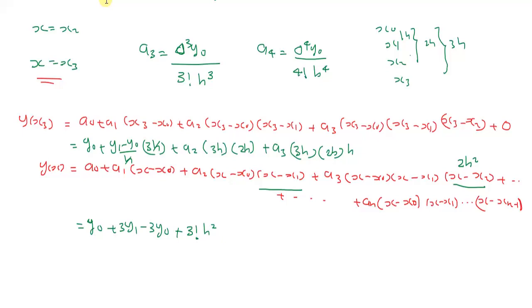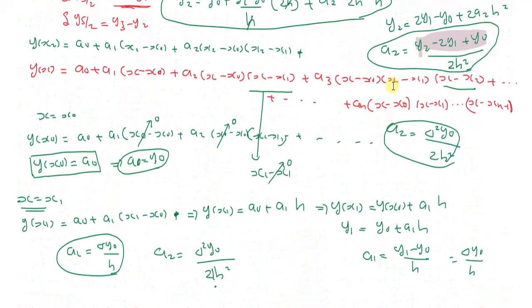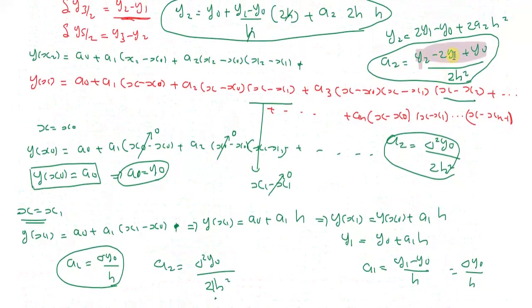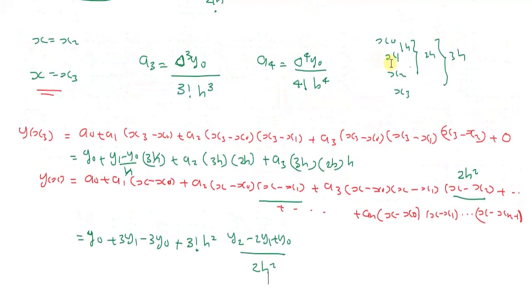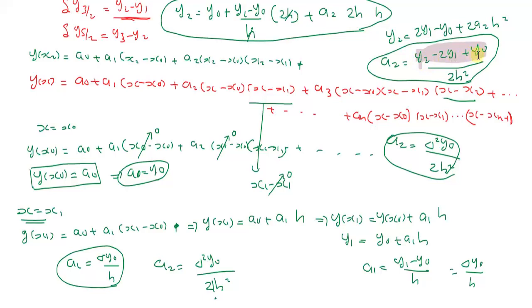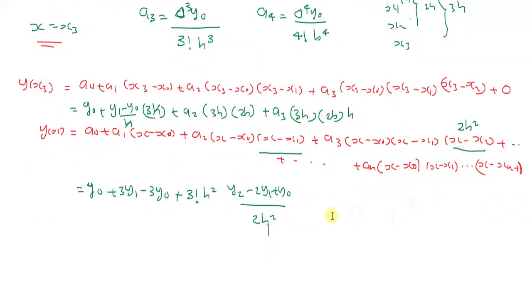So we have to substitute the value of a2. What is a2? a2 is equal to y2 minus 2y1 plus y0 by 2h square, that is a2. Plus now a3 into this will be 6 or 3 factorial into h cube.